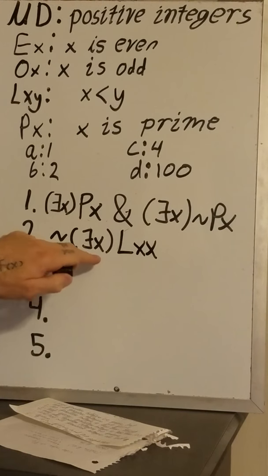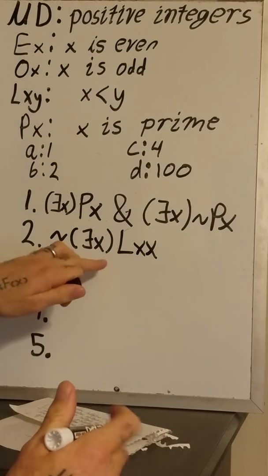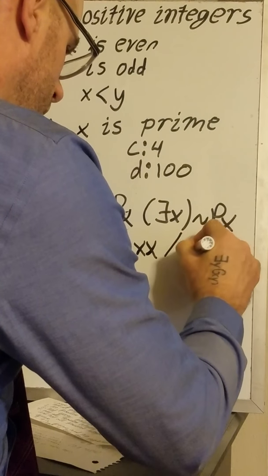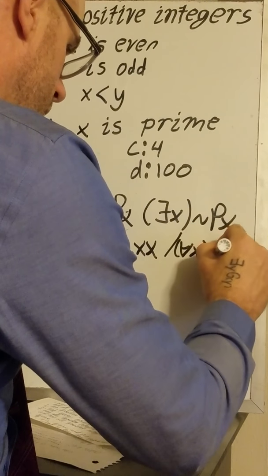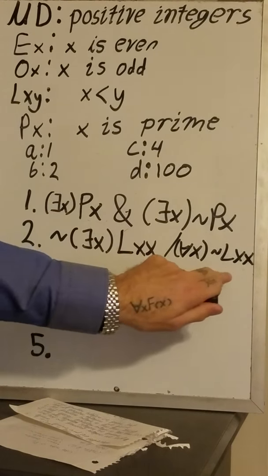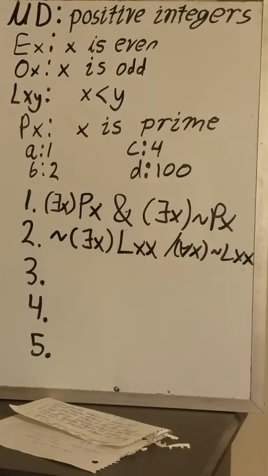So that's one way to say this. In predicate logic, there's generally alternate ways to say the same thing. So another way to say this would be: for all X, not LXX. So for everything, it's not less than itself.